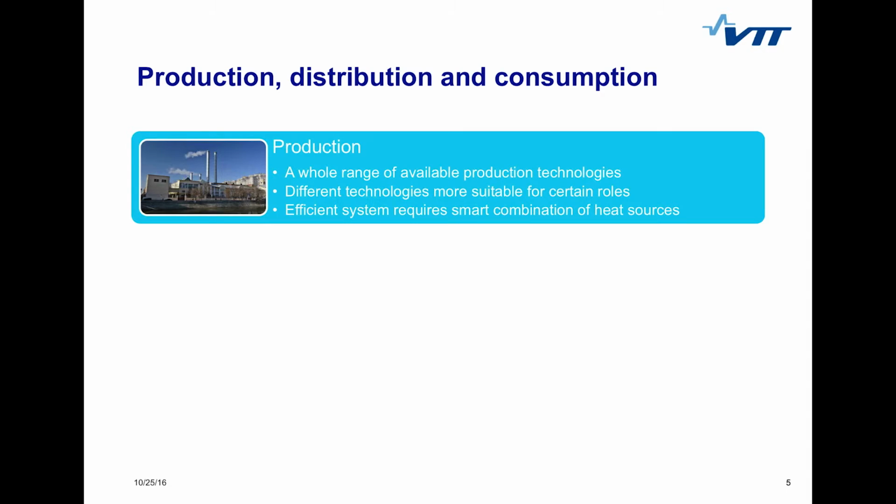Options include combustion in combined heat and power production or in boilers, renewable energy options, heat pumps, heat storages, utilization of waste heat from, for example, industry. Some technologies are more suitable for providing base, variable, or backup load than others, or have other characteristics influencing their utilization. A smart combination of different heat sources is needed.